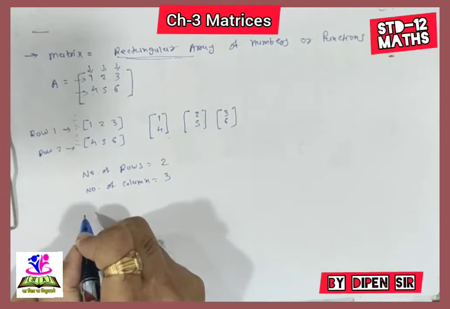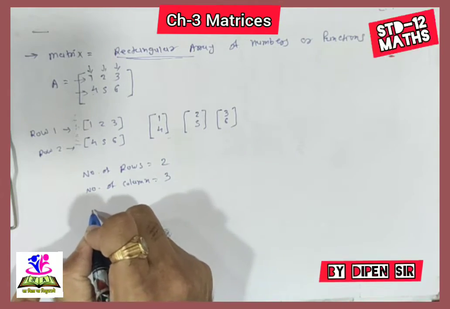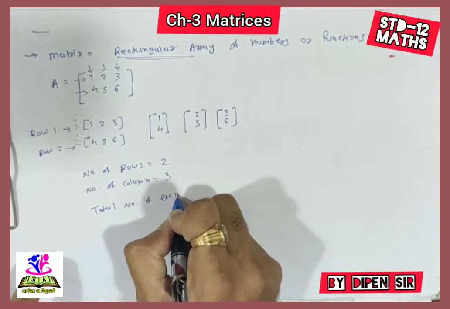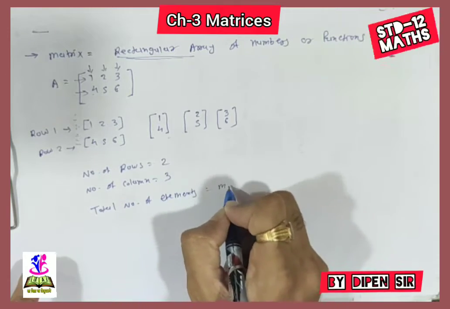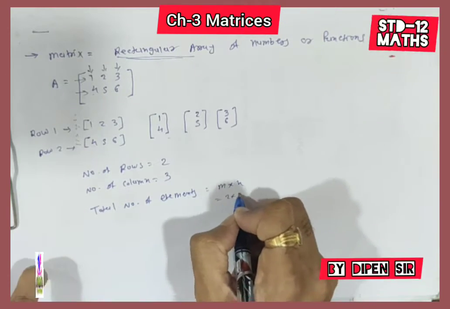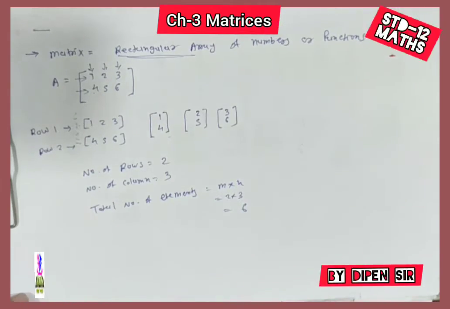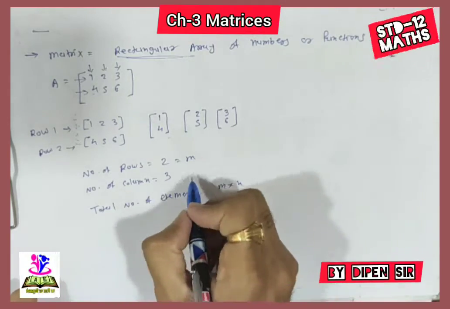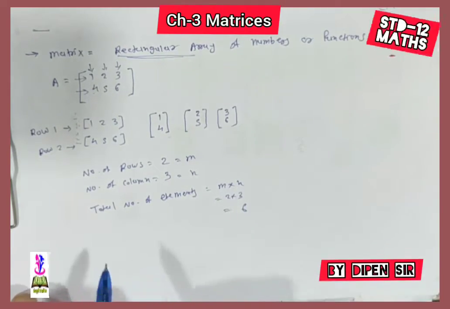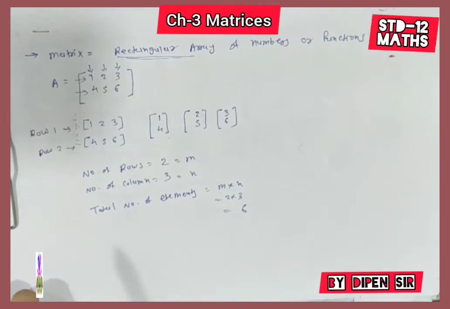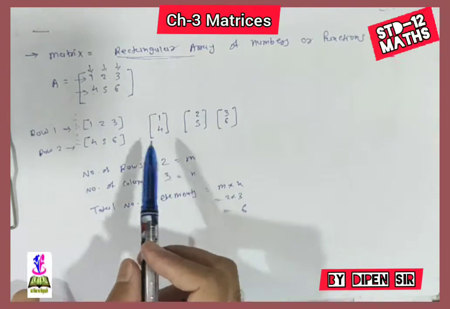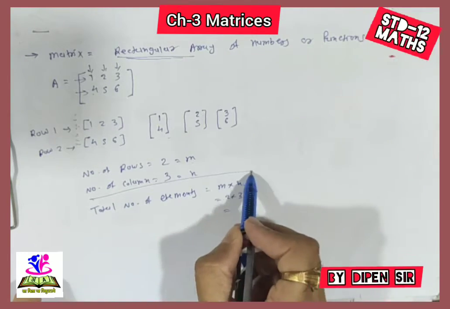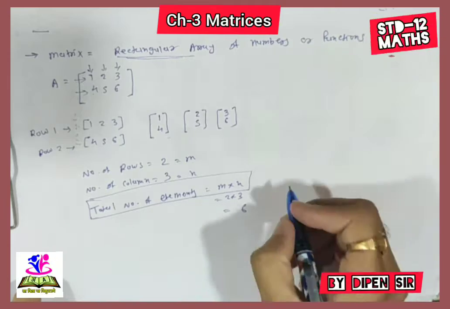So this matrix has total number of elements m cross n, 2 by 3 equal to 6, where generally we represent number of rows by m and number of columns by n. So total number of elements in matrix A are 6, where m represents number of rows and n represents number of columns. So combinedly, this m by n is known as order of matrix.